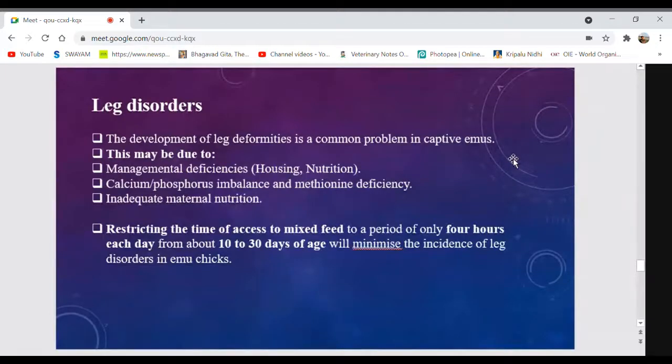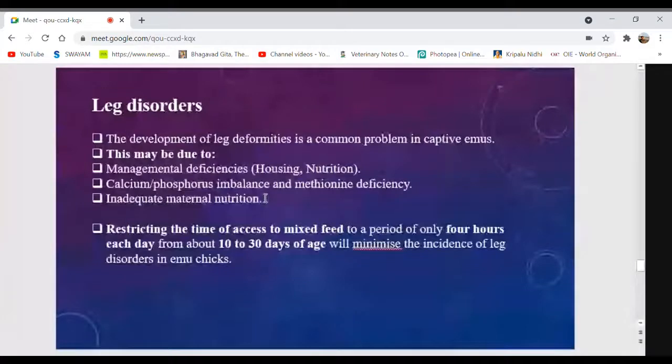That means feed and water is provided in that open space. Calcium, phosphorus, vitamin deficiency also can lead to leg disorders. Inadequate nutrition during the early stage, if not proper, means bony development will not be good, and it may lead to leg disorders during the later part of their life.